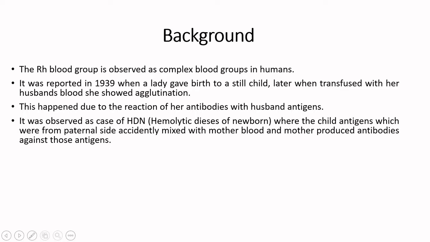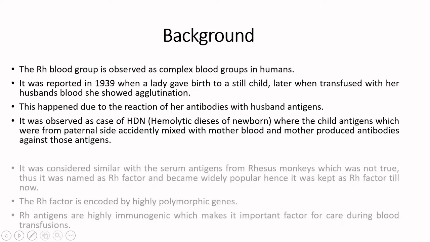But how this happened was the discovery of this Rh antigen. It was observed as an HDN case, which is nothing but a hemolytic disease of the newborn, where the child's antigens, which were from the paternal side, get accidentally mixed with the mother's blood during pregnancy, and the mother produced antibodies against those antigens. So this is how the discovery of the Rh antigen came into existence.